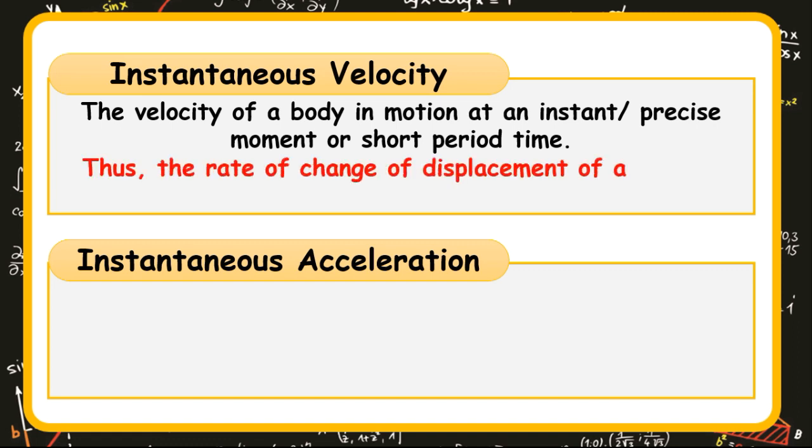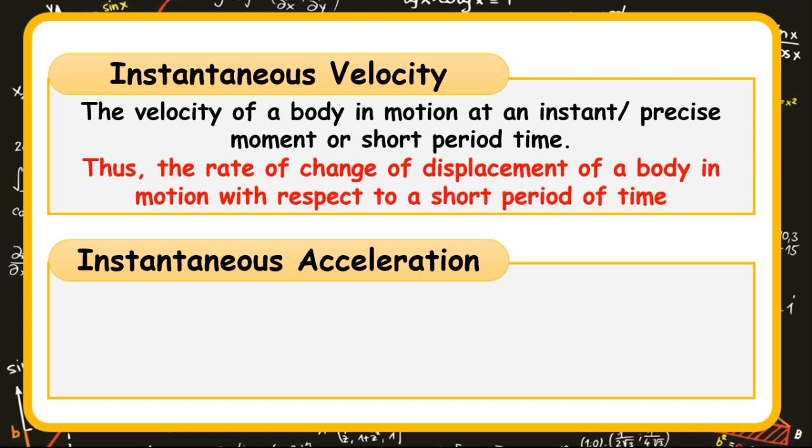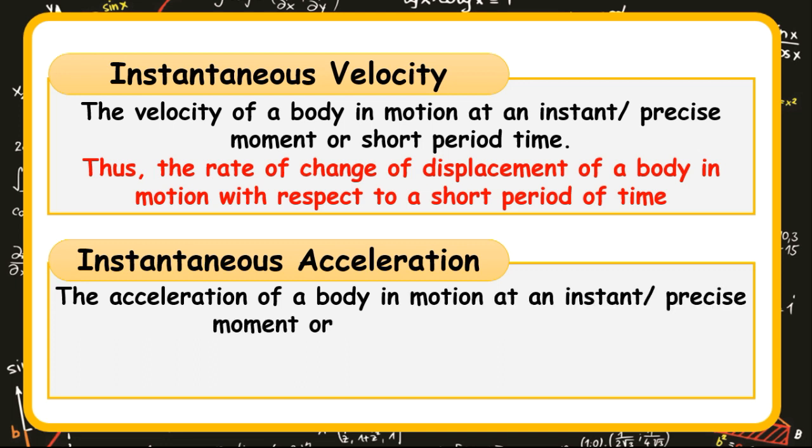That is, you can say, the rate of change of displacement of a body in motion with respect to a short period of time. Now, with the acceleration, the instantaneous acceleration becomes the acceleration of a body in motion at an instance, at a precise moment, or a short period of time.